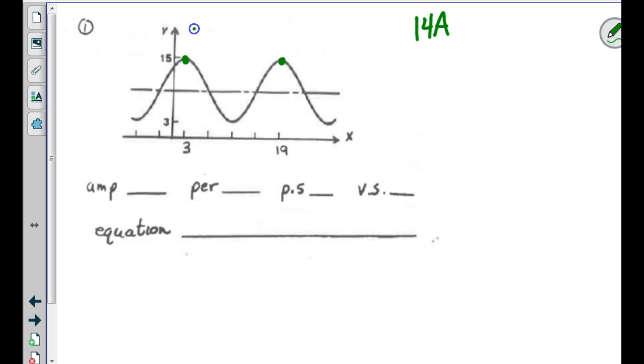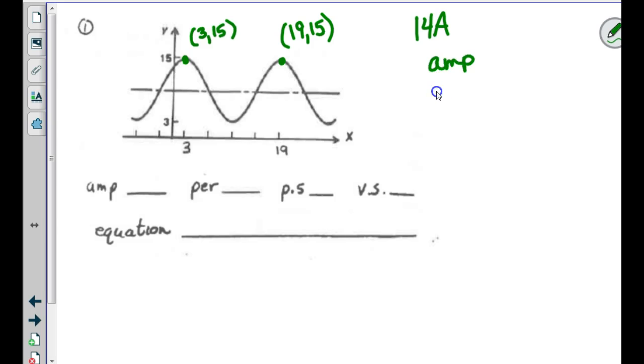So this ordered pair is apparently (3, 15), and this ordered pair is (19, 15). You're going to have a lot of this today when we do modeling, where you're really not sure what all's going on, but you have a couple of ordered pairs. Okay?